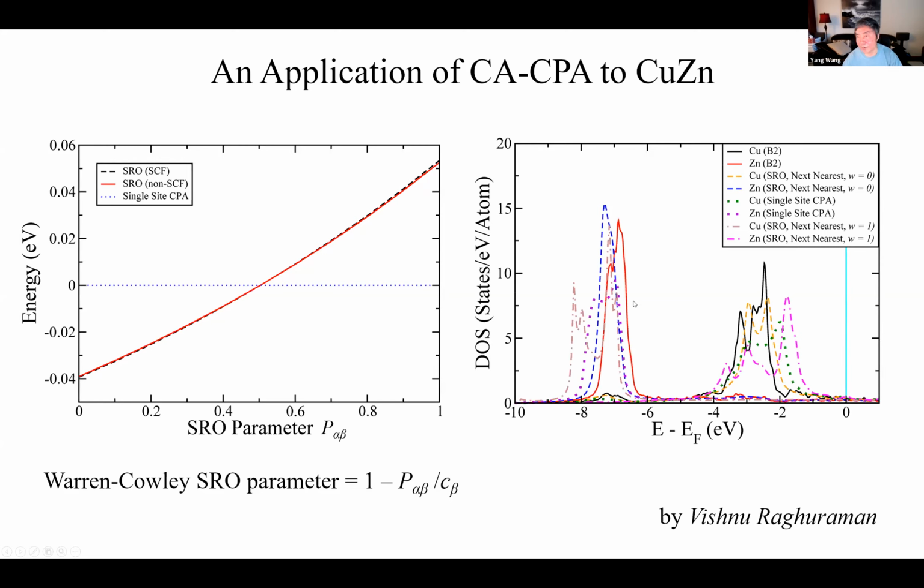This shows the density of states calculation. It's a bit hard to view, but the student did this calculation. It shows how the short-range order effect changes the density of states.